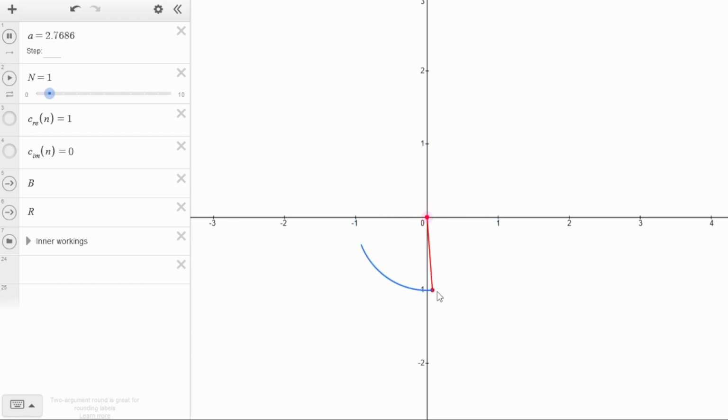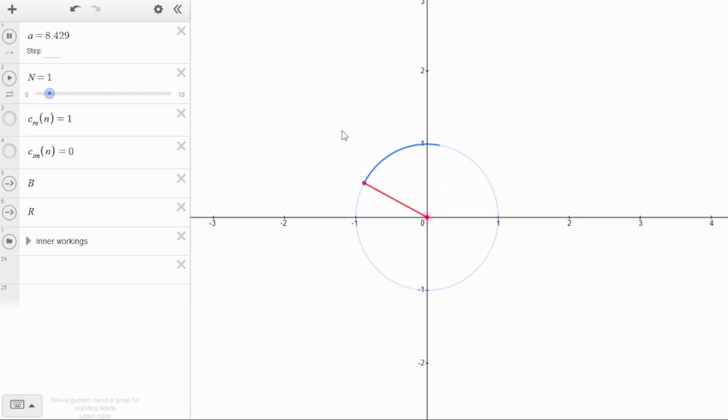So this red dot shows the output of our function. This blue line shows the previous values. If I click this B, you can show the path that's traced out by this function. So now this C1 is moving counterclockwise with a rate of 2 pi radians per second.